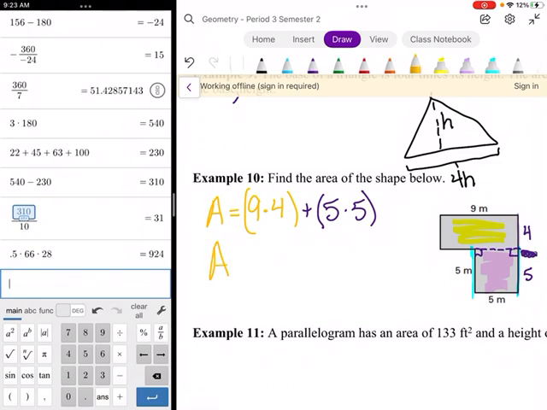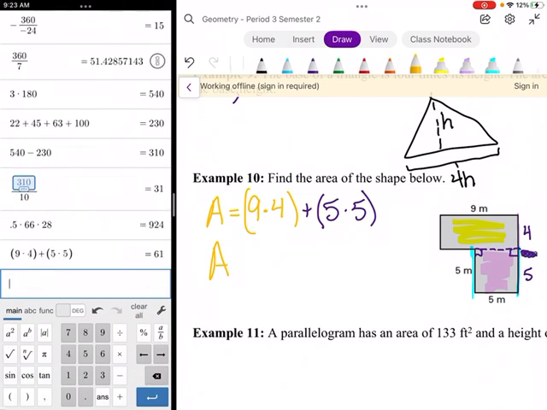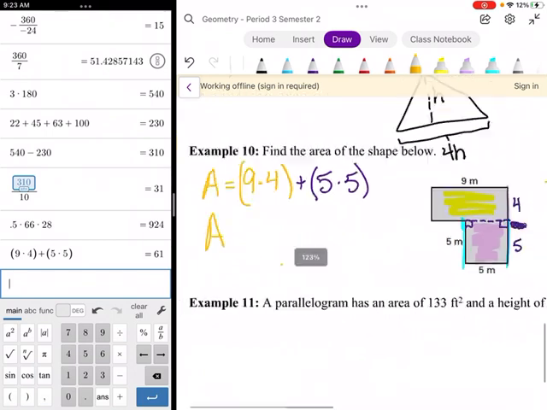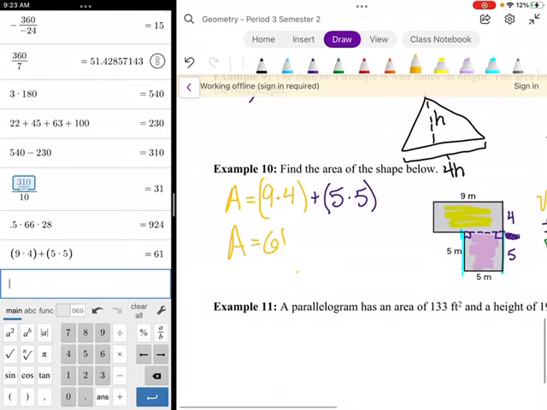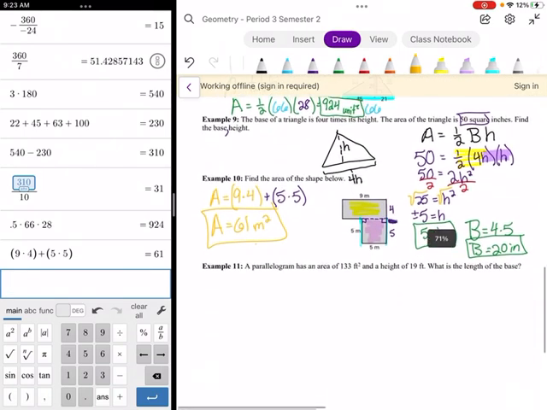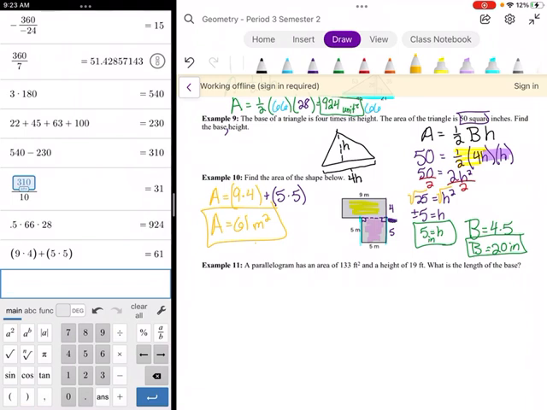So we can just type that into our calculators, 9 times 4 plus 5 times 5. Oops. 5 times 5. There we go. So we're going to get an area of 61 meters squared. So you just need to divide those shapes up into objects where we know the area formula and then add them together.